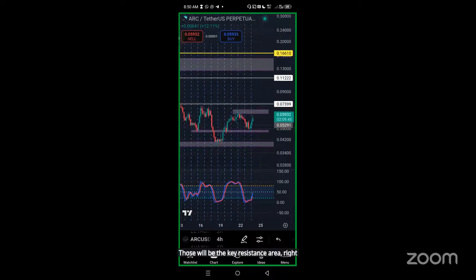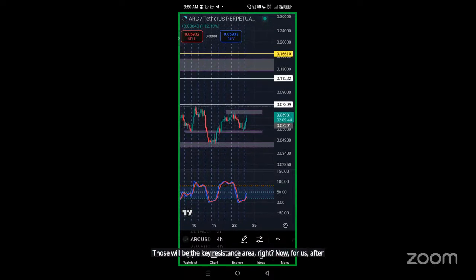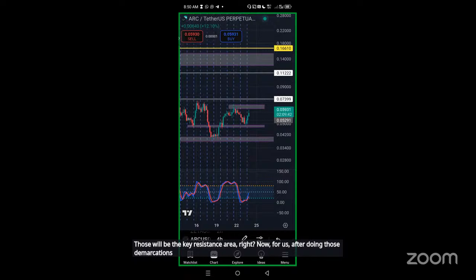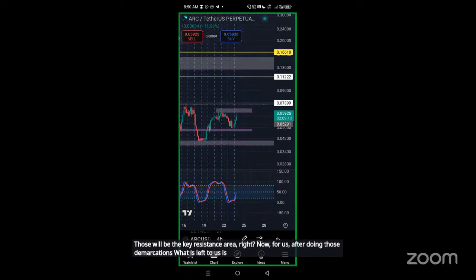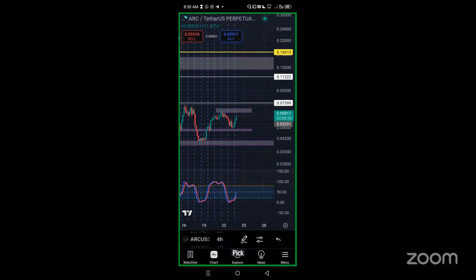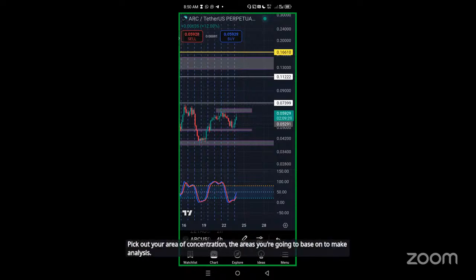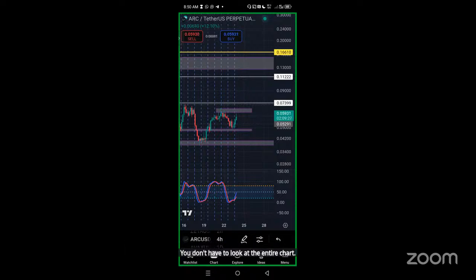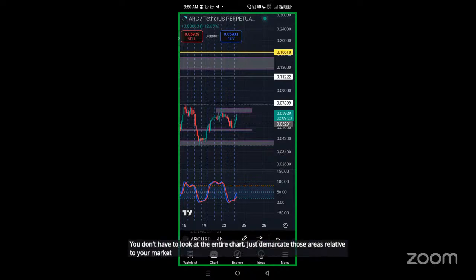After doing those demarcations, when you're doing this drawing and want to make this analysis, you have to pick out your area of concentration, the areas you're going to base on to make analysis. You don't have to look at the entire chart. Just demarcate those areas relative to your market price, and then see how the market will react to those different price levels.